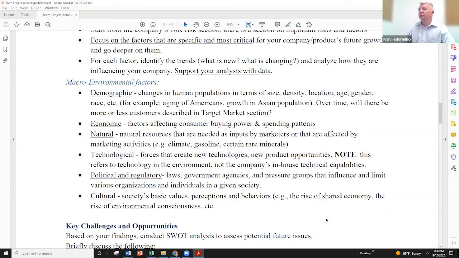Don't include it. If they are not affected by natural resources availability and climate change, then there is nothing to say about natural resources. Include only those factors that are really important for their business.